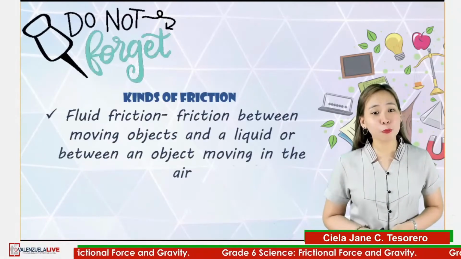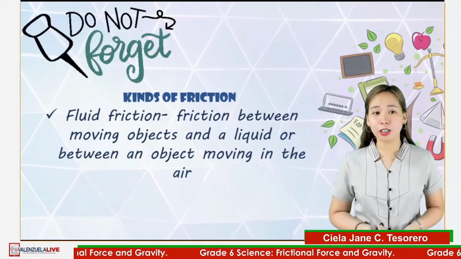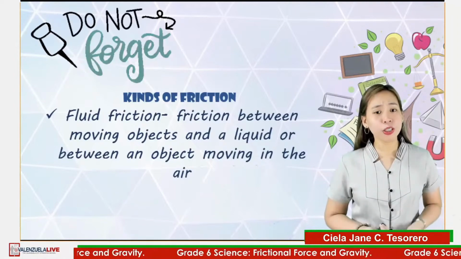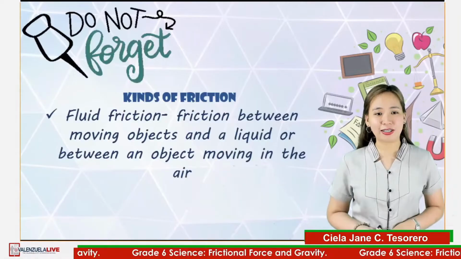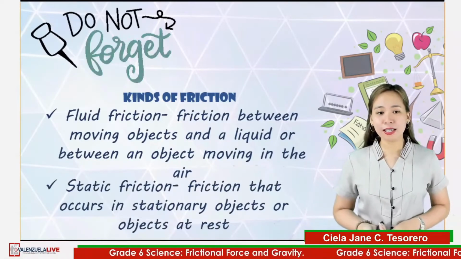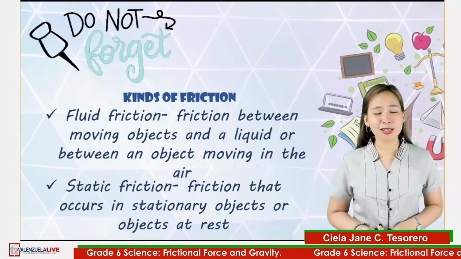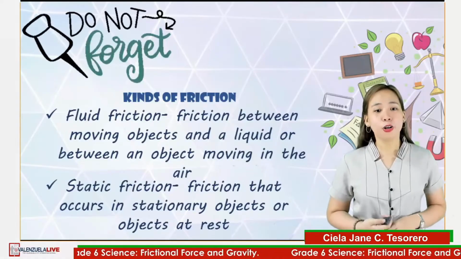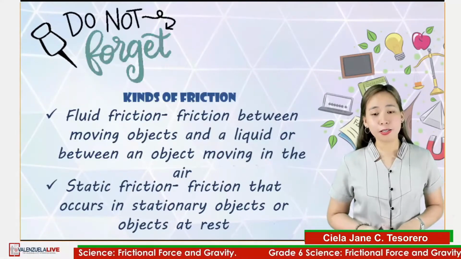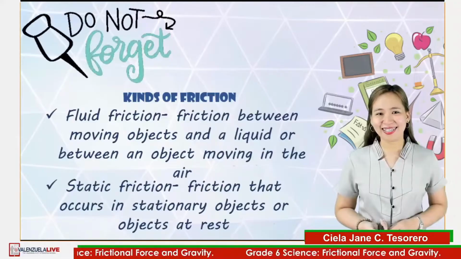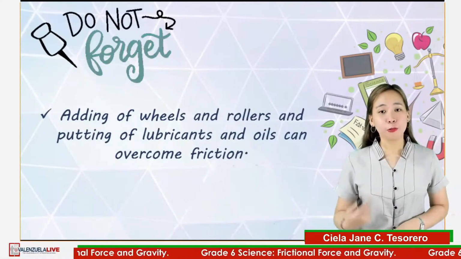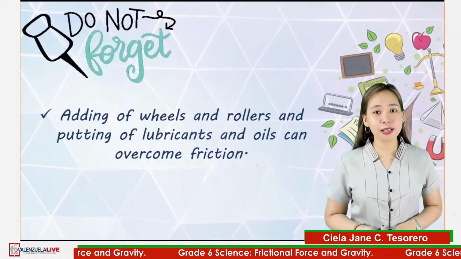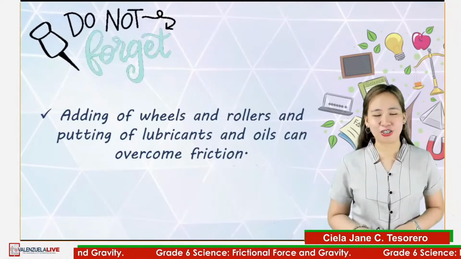A friction between moving objects and a liquid, or between an object moving in the air, is called fluid friction. And last but not the least is the friction that occurs in stationary objects or objects at rest, called static friction. Adding wheels and rollers and putting lubricants and oils can overcome friction.